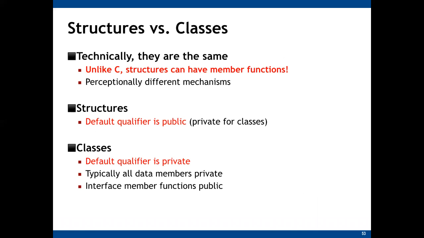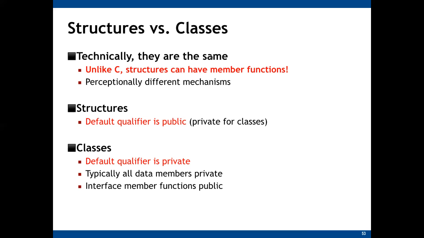Okay, so in this week, we also learned structures. Technically, structures and classes are the same in C++. In C, a structure could not have member functions, but in C++, a structure can also have member functions like a class. So technically, classes and structures are the same.